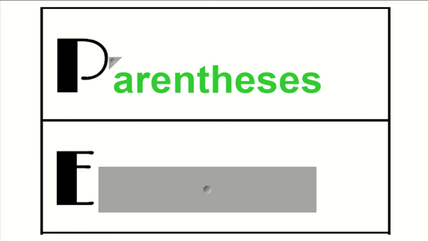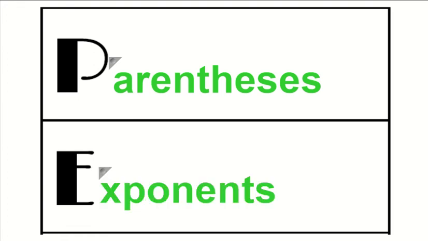Once you're inside the parentheses, the order of operations starts over again. So if you've got parentheses inside of parentheses, then you have those parentheses. That makes sense? What's the E? Exponents. So we got our parentheses, and then we do exponents.